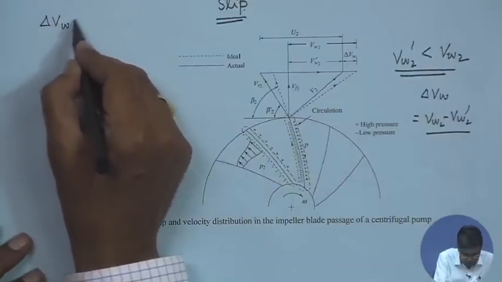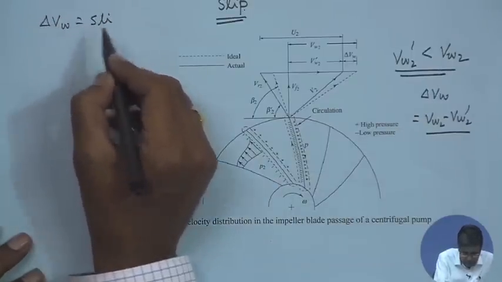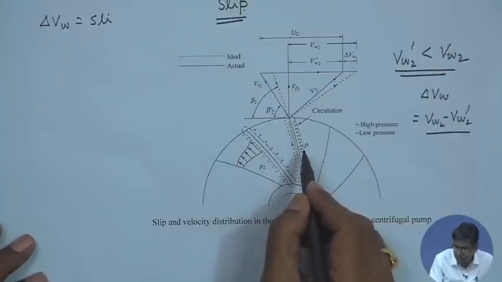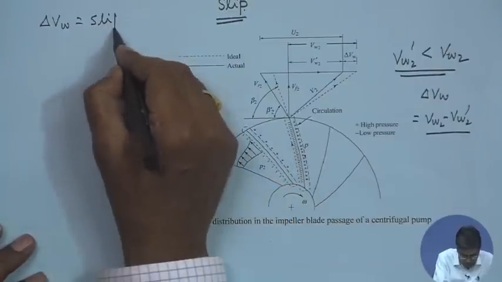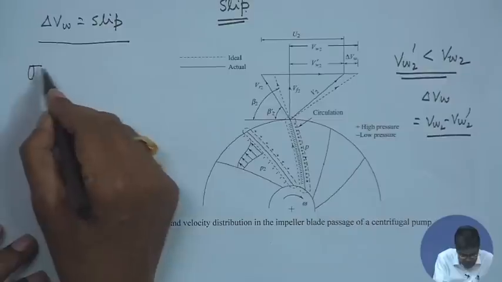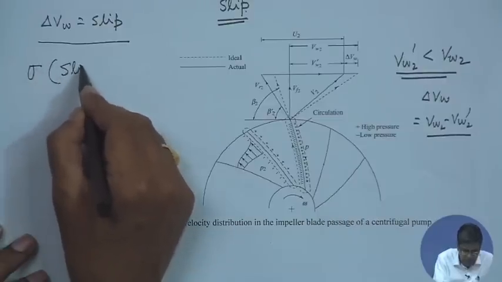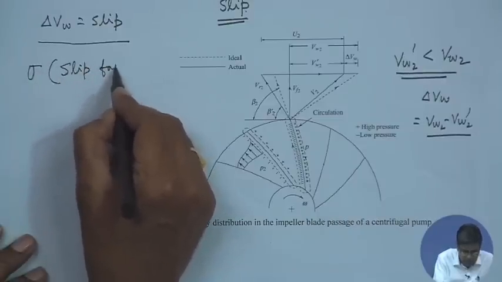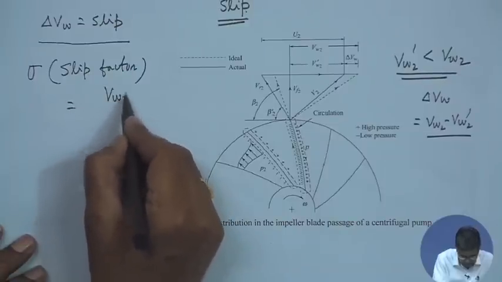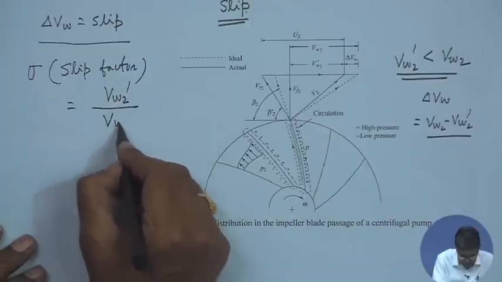So, therefore, you see the work done on the fluid, or the head delivered to the fluid, is changing. This is known as slip, and we define a slip factor sigma, which is equal to VW2 dash divided by VW2.